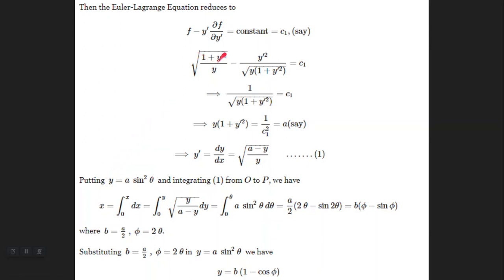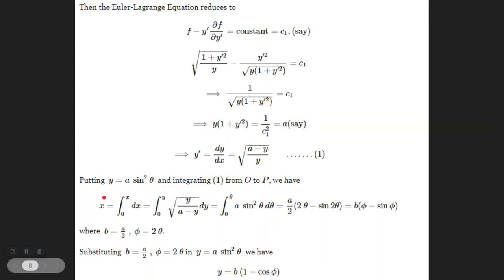Now, you have the Beltrami equation and the f minus this particular stuff. As we solve the equation, we get y dash, being equal to dy by dx, which is root of (a minus y) by y.